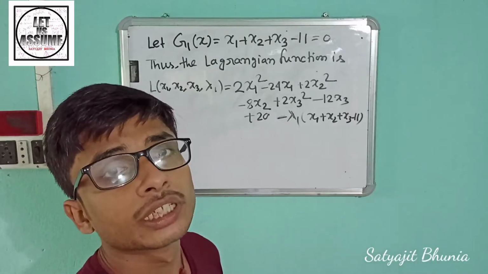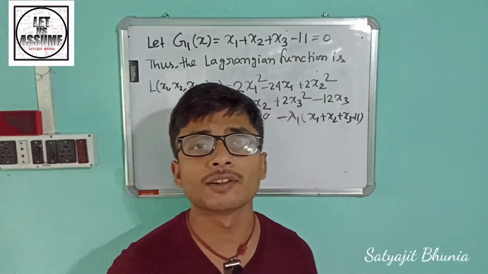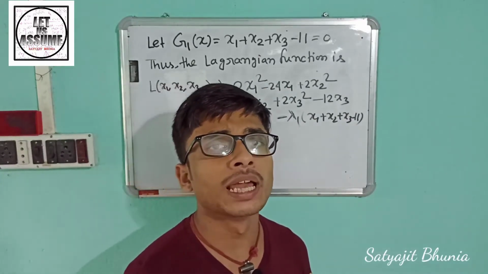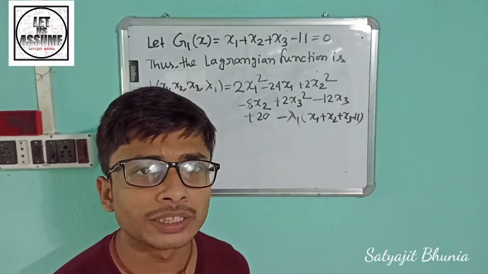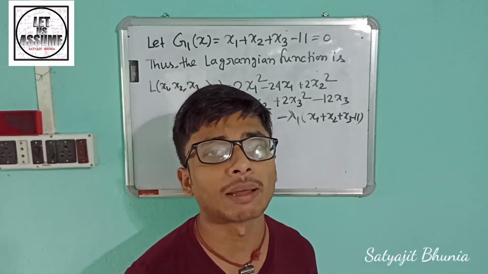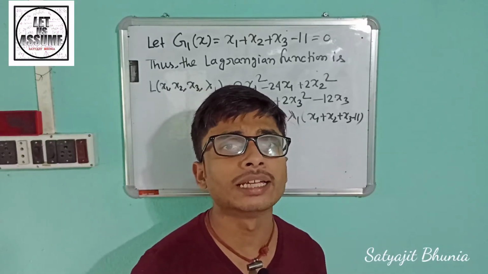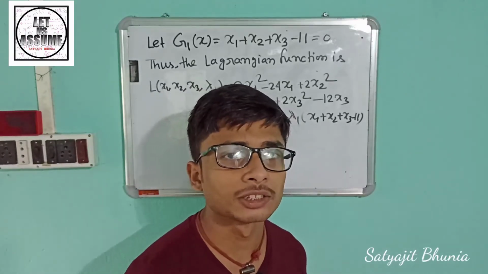So now, using the necessary condition for the Lagrangian multiplier method, we have to find the extreme point, and then using the sufficient condition, we check whether the extreme point is a minimum or a maximum point.